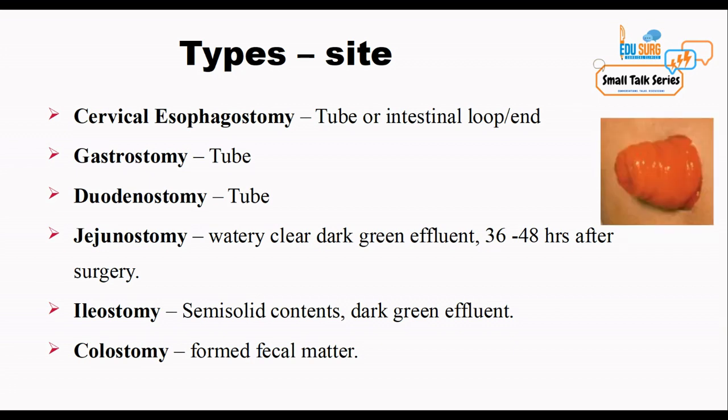So a structure like this on the skin, as shown in the figure, is a pouting stoma, which is usually a small intestinal stoma, whereas a stoma which is flush to the skin is a large intestinal stoma. So this is the classification based on the site of the gut that is used.